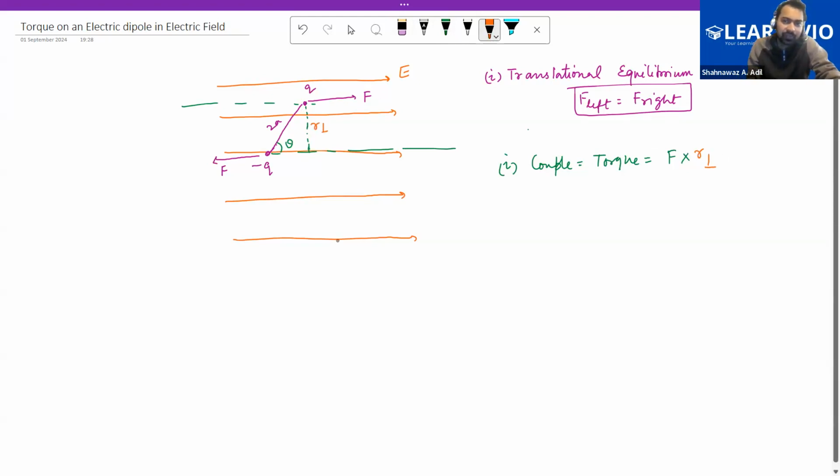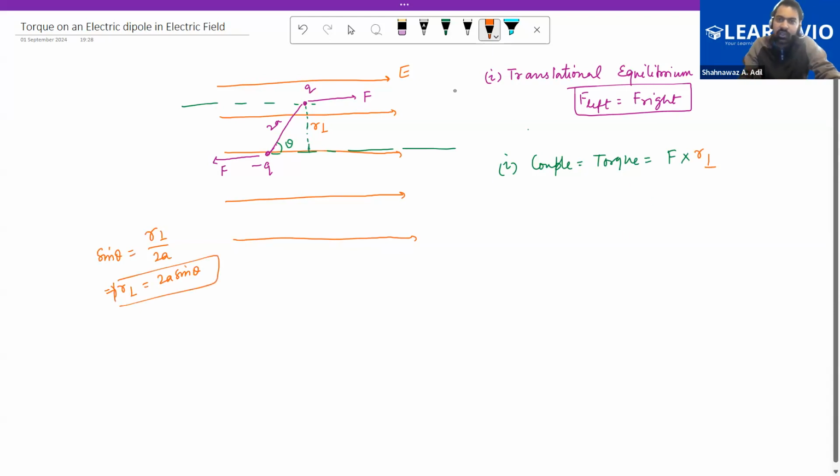We know this is 2A, this is theta, this is the hypotenuse, this is the perpendicular. What relates perpendicular and hypotenuse? Sine theta, which is perpendicular by hypotenuse. So R perpendicular would be 2A sine theta.